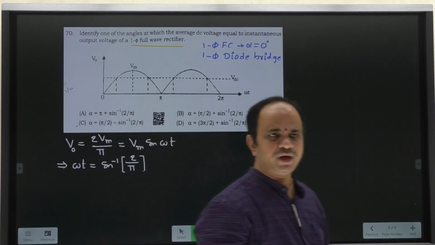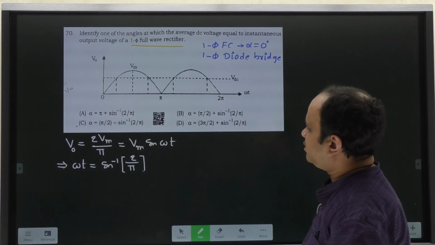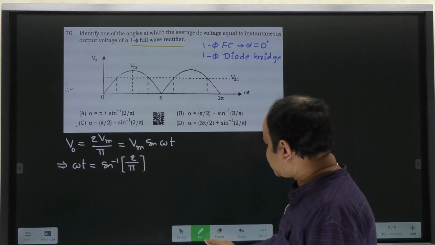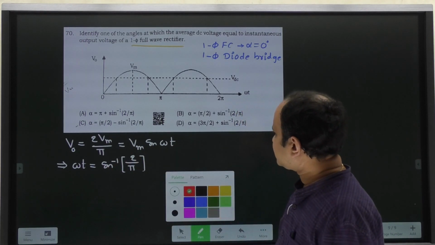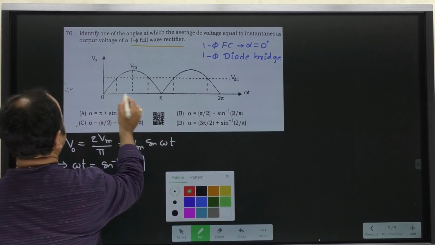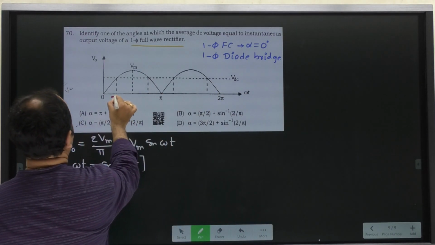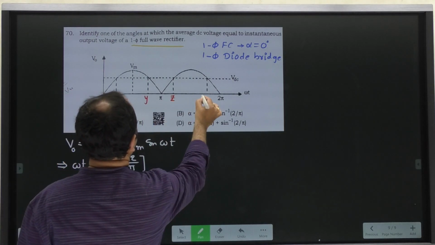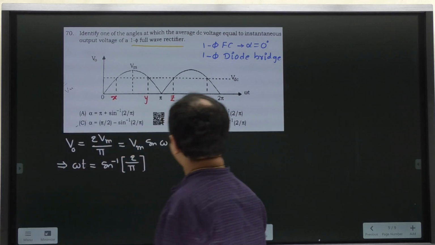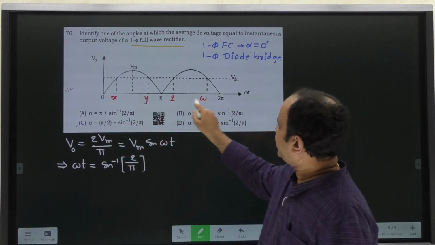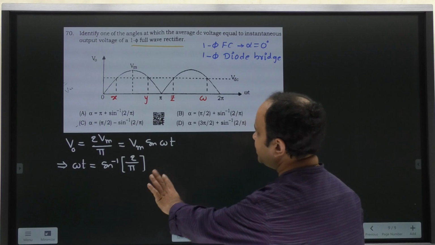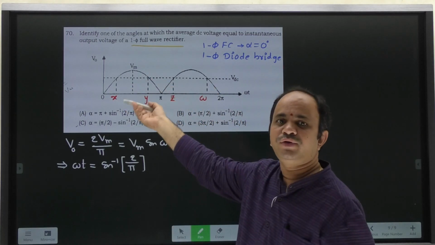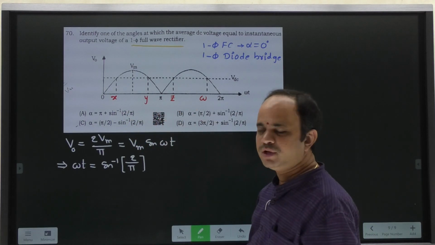So if you observe closely in the given waveform, at what angle this condition will match. Strictly speaking this condition will match at all of these points, say X, Y, Z and W, because instantaneous output voltage is equal to DC voltage at X, Y, Z and W.